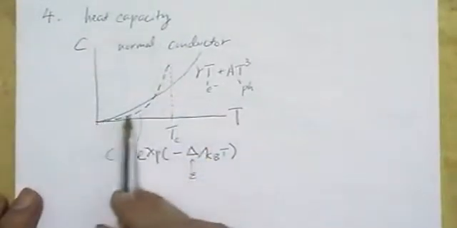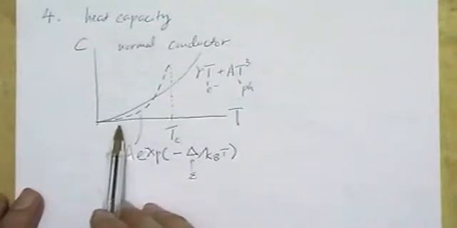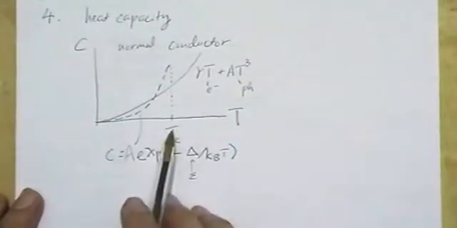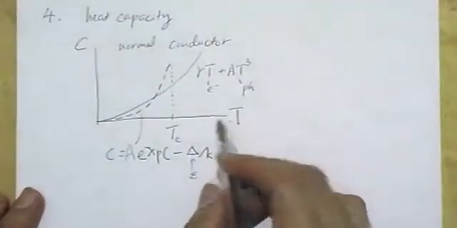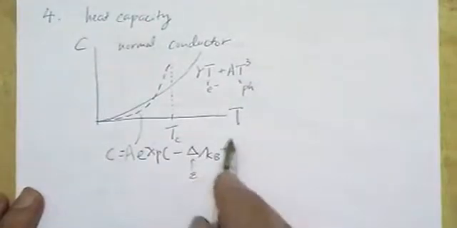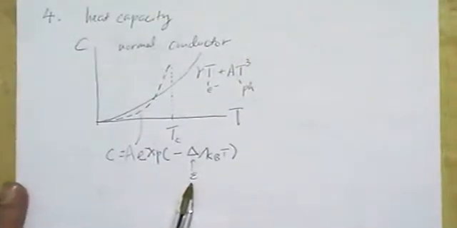So what this seems to suggest is that below Tc, below the transition temperature, there is something in the superconductor that makes the electrons behave as if they follow some kind of a Boltzmann distribution.